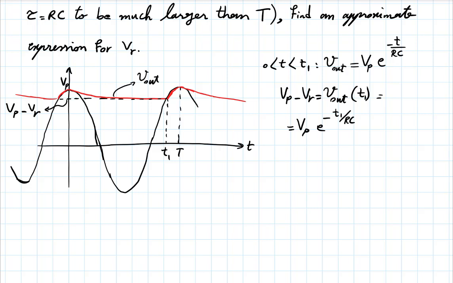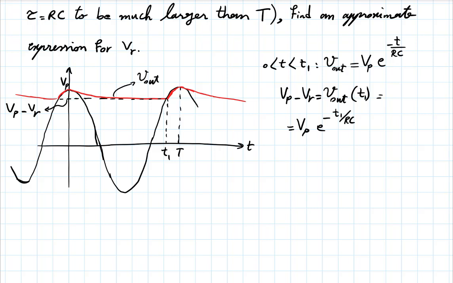So here's where you put your engineering hat on. Would you leave it at this, or would you want me to go one step further and simplify it? Any approximation that I can apply here? What is that time t1? So let's say the cycle here is 20 milliseconds, how much would you expect t1 to be if this decay is really slow? It would be 18 milliseconds, 19 milliseconds, right?